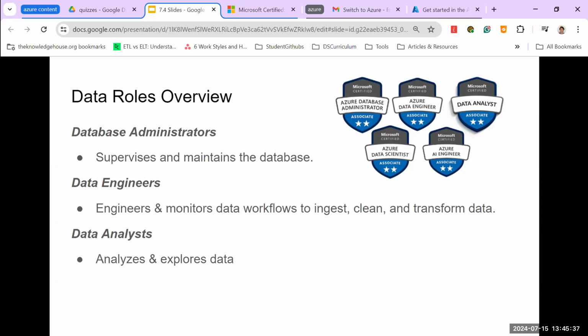Sometimes a data engineer will be asked to do the responsibilities of a data administrator, and sometimes a data analyst will be asked to do the responsibilities of a data engineer. Hence, these are roles. Now, in Azure, there are more specialized certifications that you can take to prepare for these specific roles. But for now, we're just going to take a very general overview of what these roles are. And later on, we'll find out how they relate to Azure.